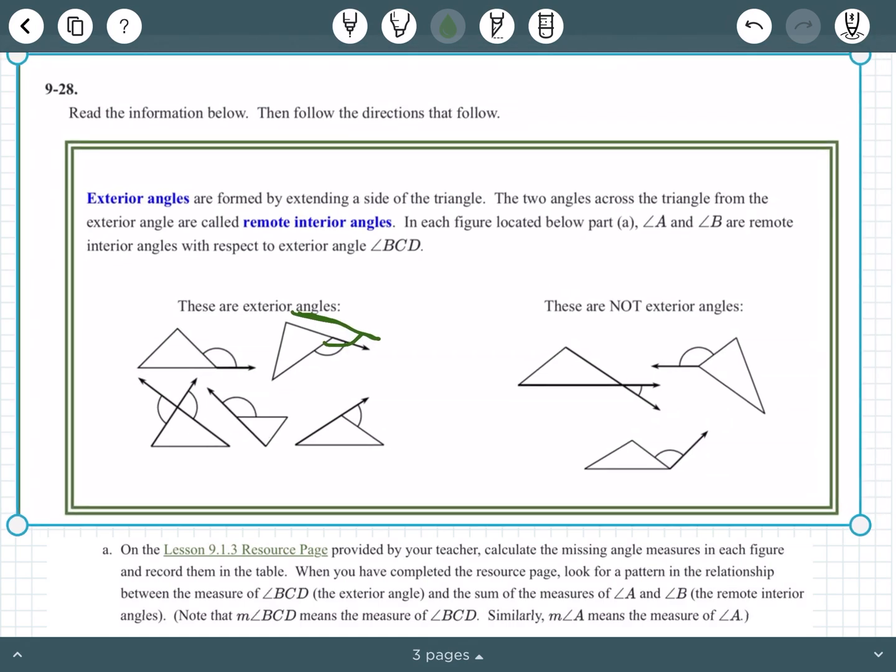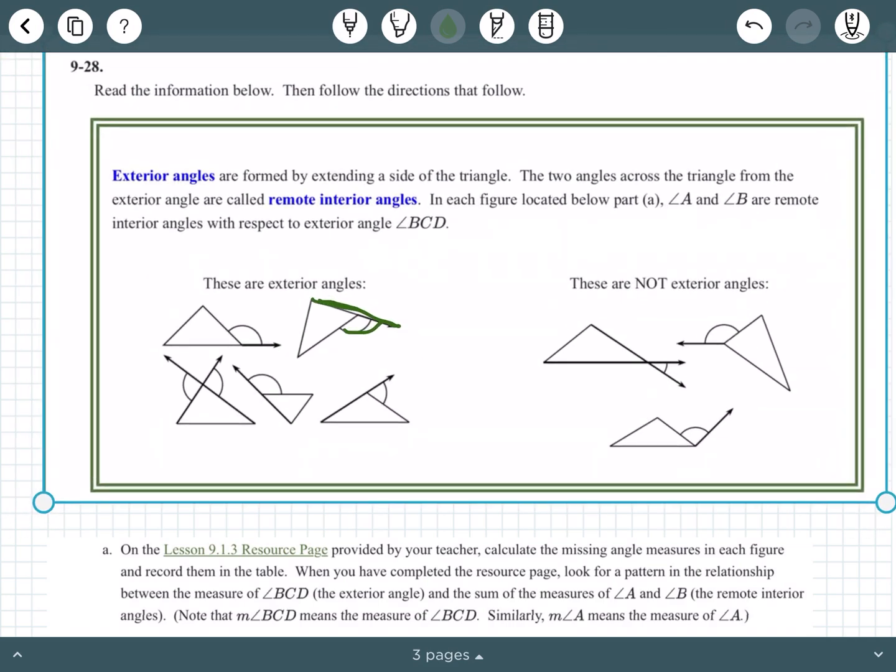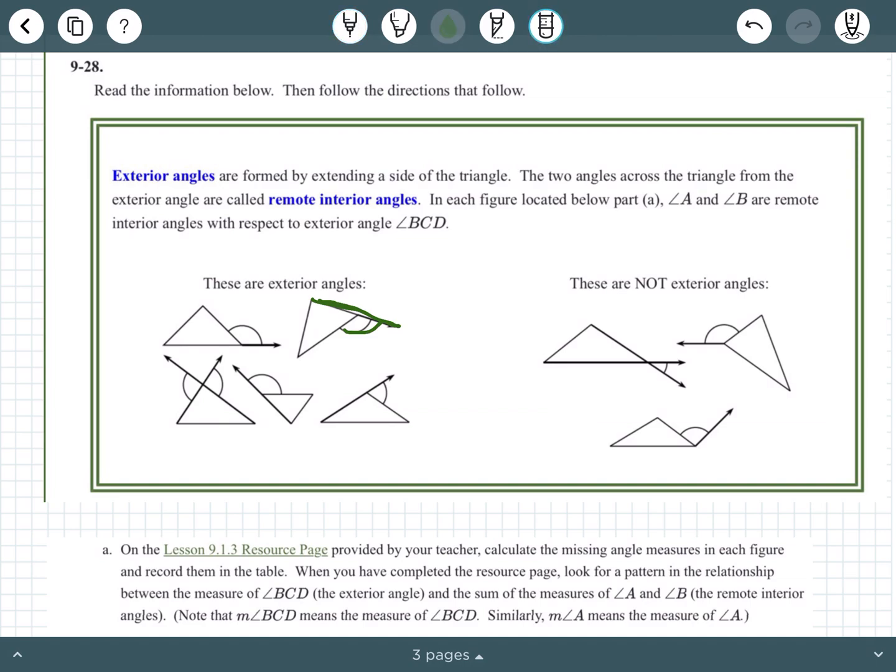And it is the same for this one. We extended this side. We extended this side. Now in this one, they show you how they extended two sides. But in this case, the exterior angle would be here and here.